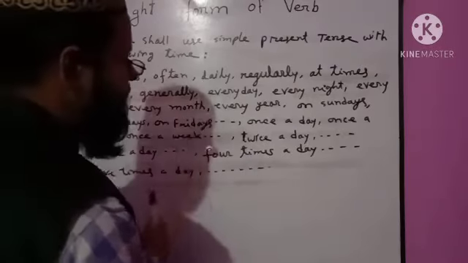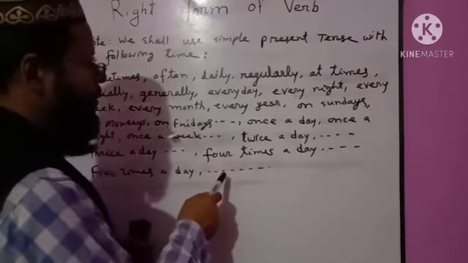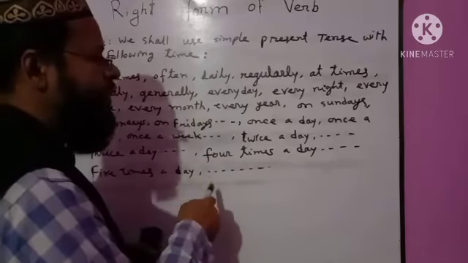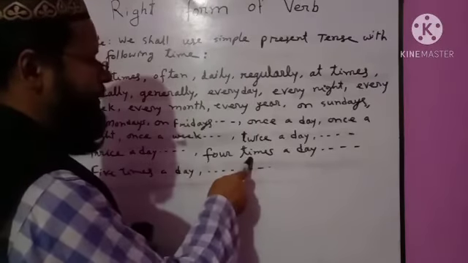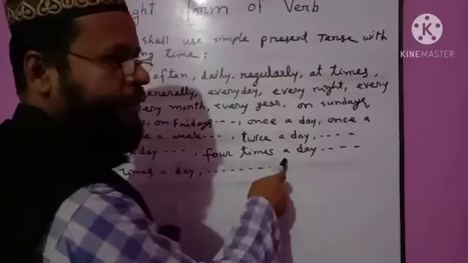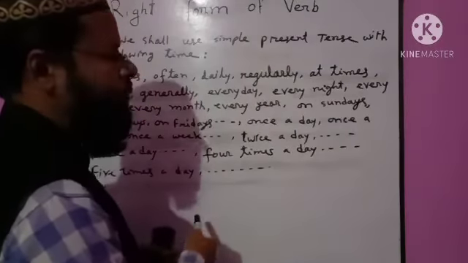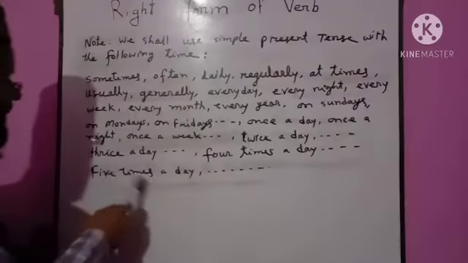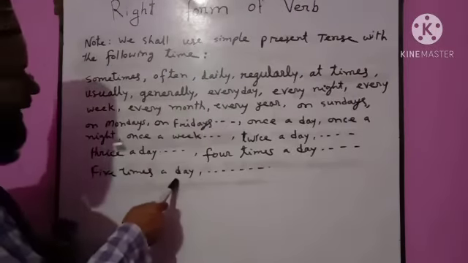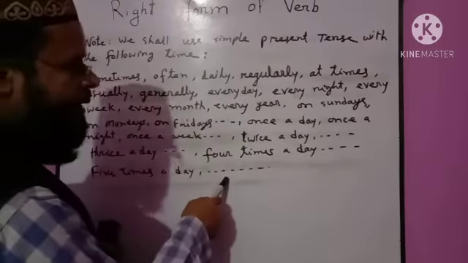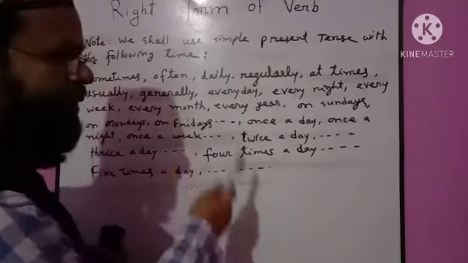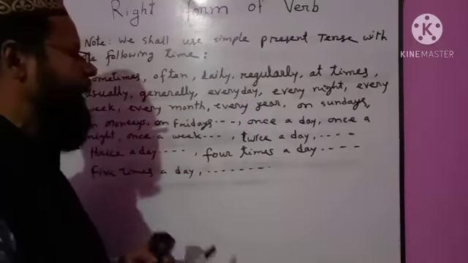Then four times. We also use three times or two times: four times a day, four times a night, four times a week, four times a month, four times a year. And five times a day, five times a night, five times a year, five times a month, five times a week, and so on.